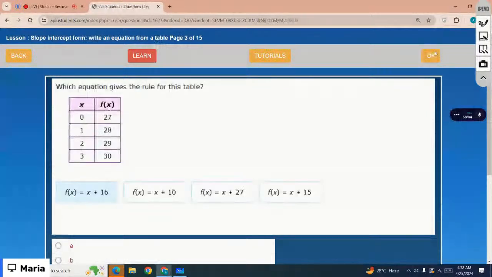Which equation gives the rule for the table? So which is the correct option?